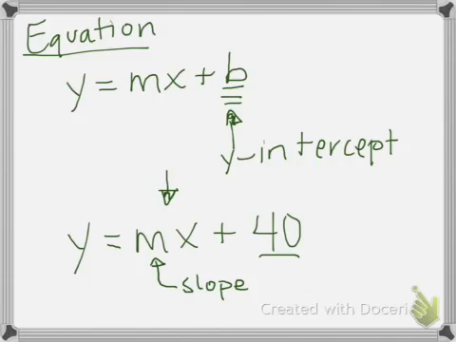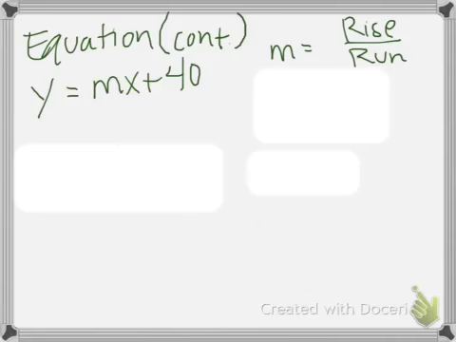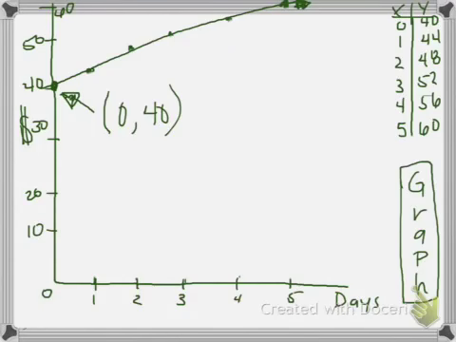Now to solve for m, or slope, we can keep on looking at the graph. Remember, slope is rise over run. Let's use the points (0, 40) and (1, 44) to figure out what the slope is. From those two points only, let's count how many spaces we have to go up in order to get to the other point.